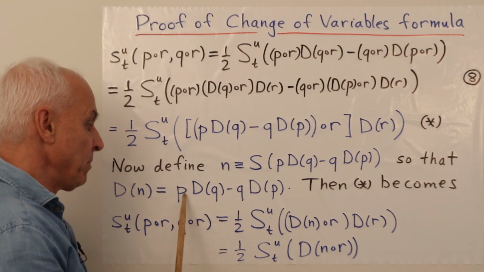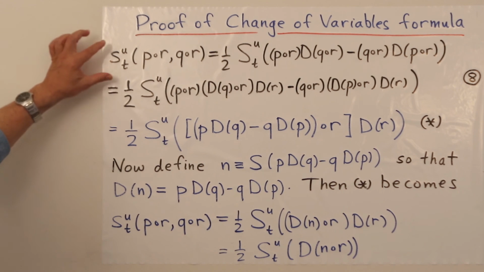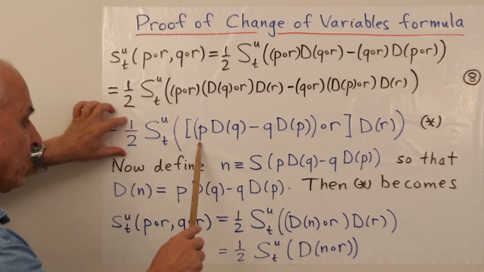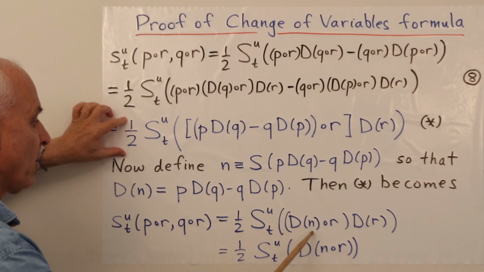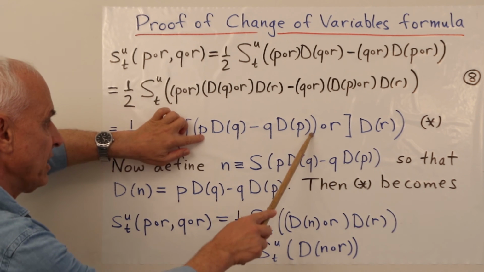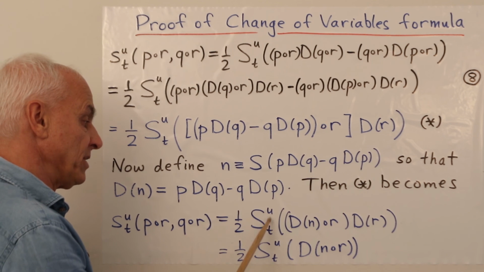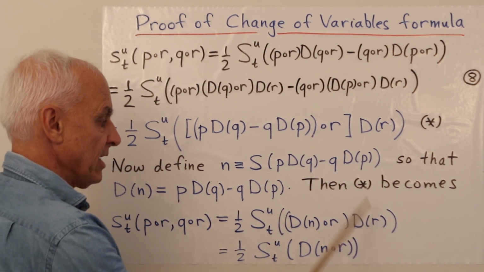So then we just get p dq minus q dp. That means in this expression here, we can replace what's inside this little bracket with d of n, that's now d of n circle r. So it's 1/2 Faulhaber integral from t to u of d of n circle r times dr.